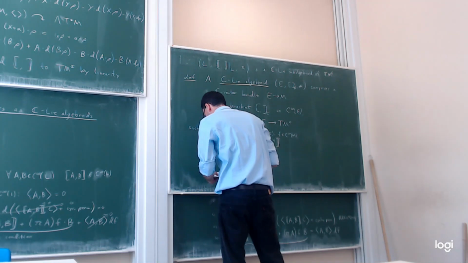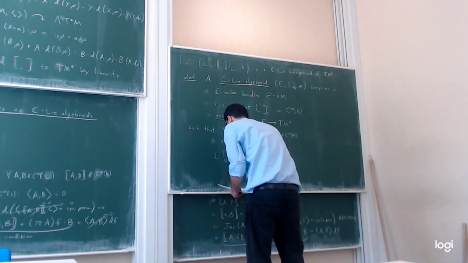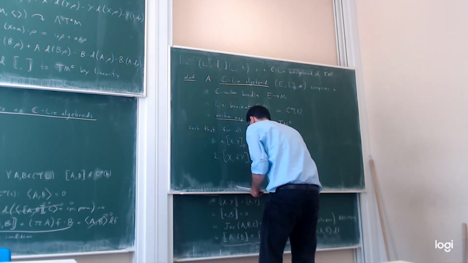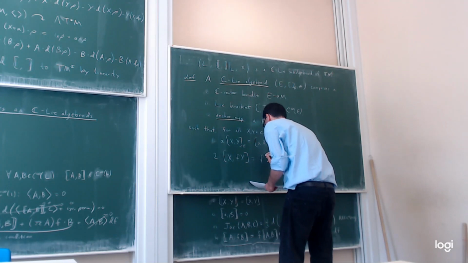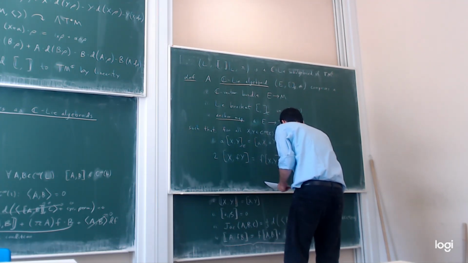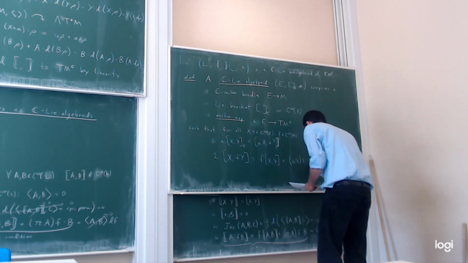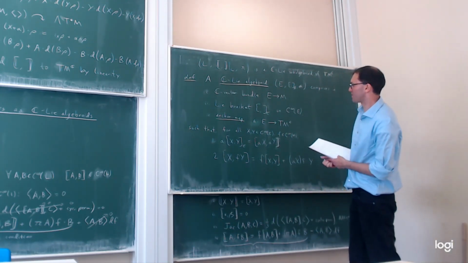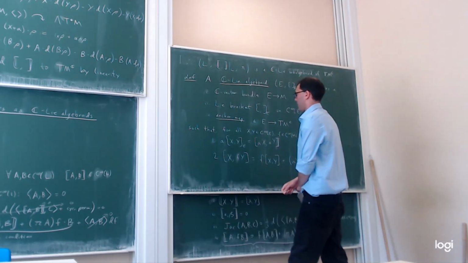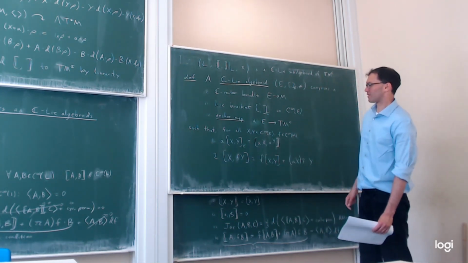So the second condition is the Leibniz rule. It's the Leibniz condition. And so, to me, this Leibniz condition sort of says that these elements, x and y, kind of are vector fields.